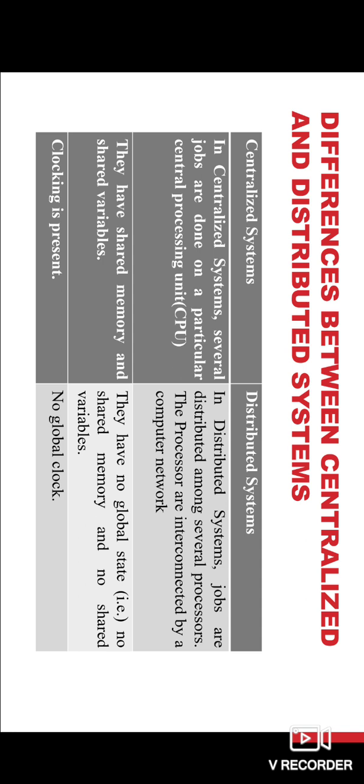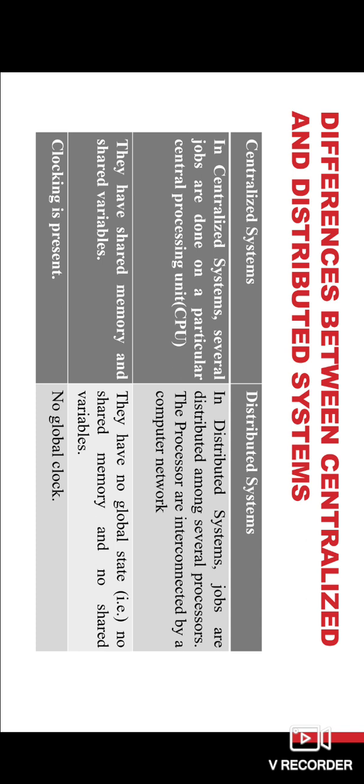What are the main differences between the centralized system and the distributed system? In a centralized system, by using a single CPU, we are doing several jobs. Whereas in a distributed system, the jobs are distributed among several processes, and all the processes are interconnected with the help of the computer network.